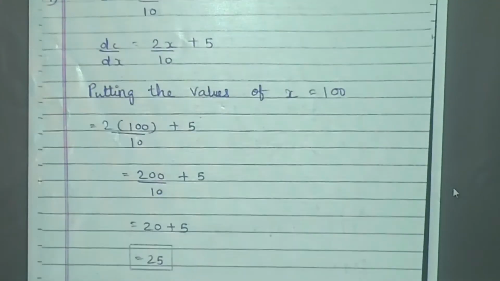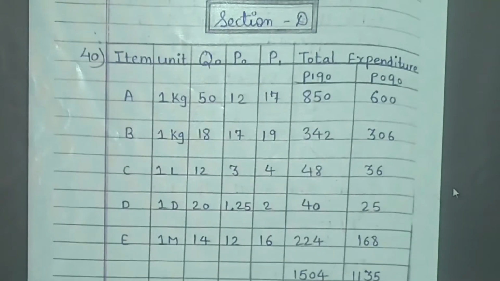Now section D, which carries 3 marks each. Start the new section on a new page. You have to make a table whenever it is required.